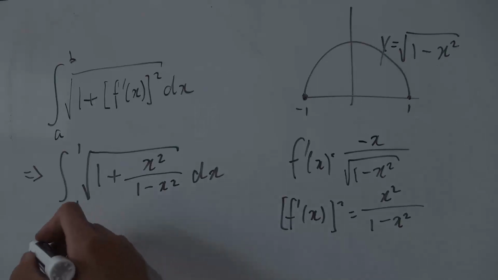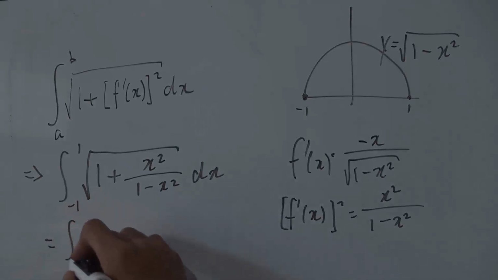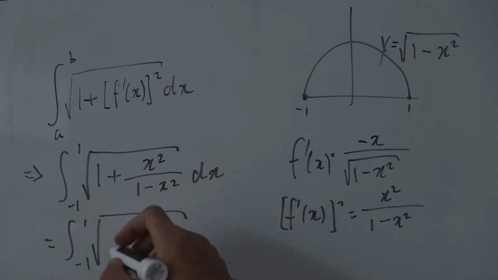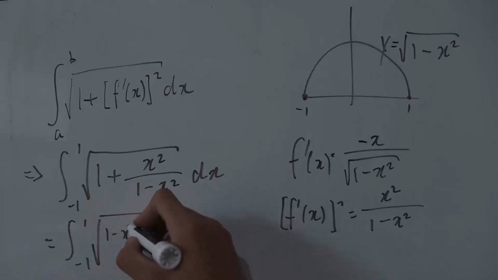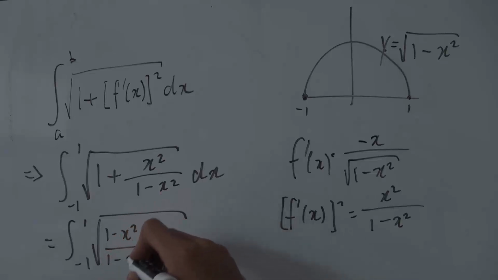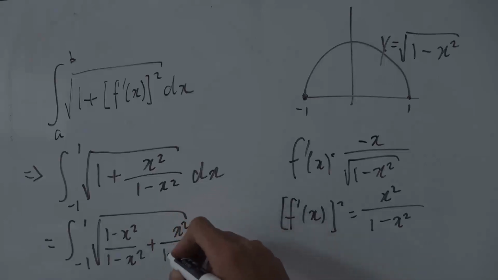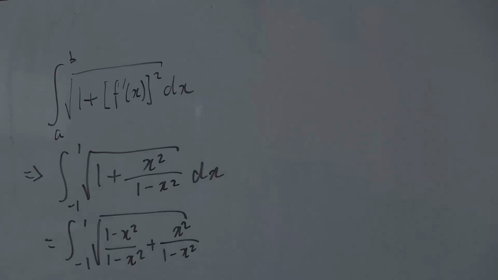I hope you agree with me that this is just the integral from -1 to 1 of the square root of, I'm going to change this 1 to a 1 minus x squared over 1 minus x squared. So this is just a 1 here, and we're going to add that with x squared over 1 minus x squared. And it's pretty obvious I did that so we can have a common denominator here. So let's just rub all this stuff out.